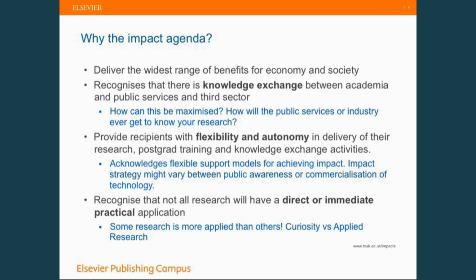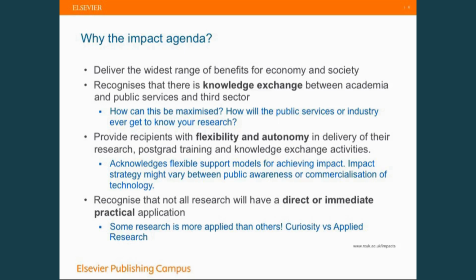The impact agenda also provides the recipients with the flexibility and autonomy to deliver their research, postgrad training, or knowledge exchange tailored to their projects, because not everybody's impact is going to be the same. So if you're a biomedical scientist trying to find a cure for a particular disease, your impact is going to be very different to somebody designing a nanotechnology that may go into a computer chip and be used for another product.